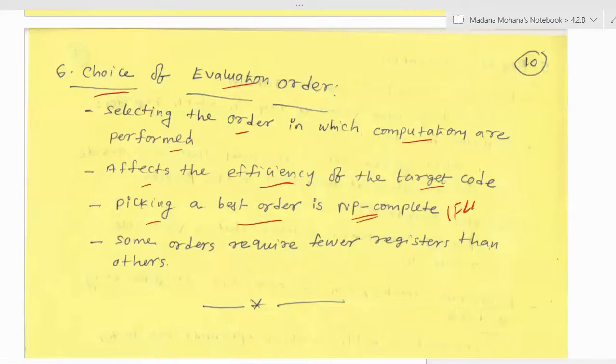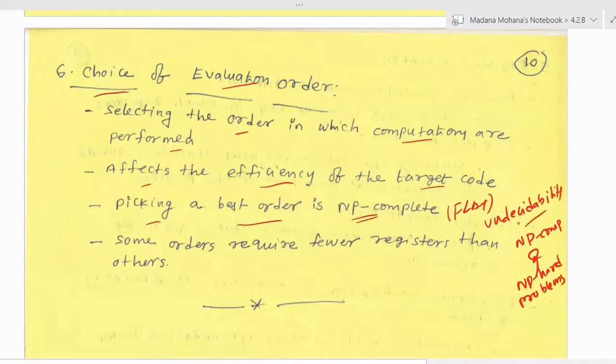So in the course formal language and automata theory, during undecidability, NP-complete and NP-hard problems are there, which are undecidable problems. So picking the best order is NP-complete.